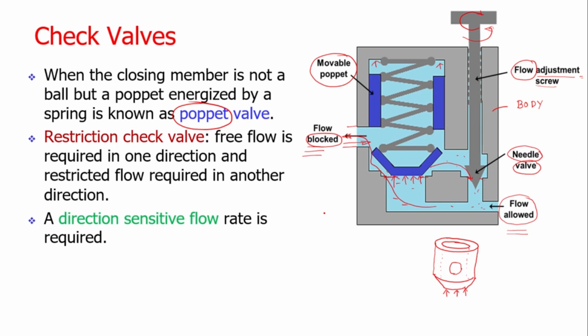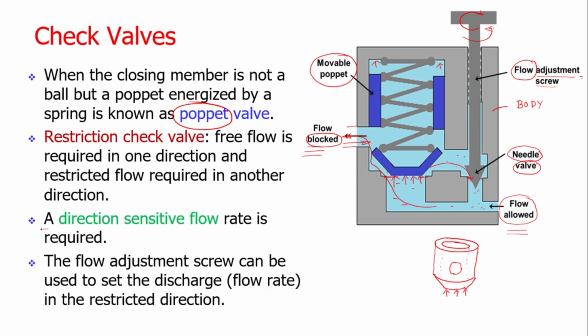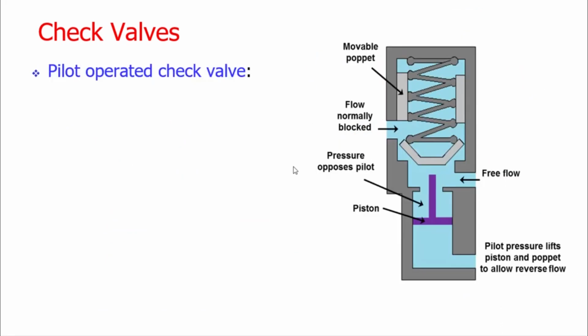The flow rate can be reduced, the pressure can be reduced. So if direction sensitive flow rate is required, then we can use the flow adjustment screw, and that can set the discharge flow rate in the restricted direction. So we can set the flow rate by using the flow adjustment screw.